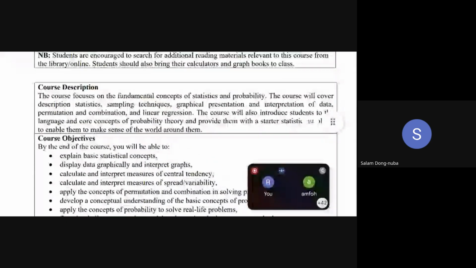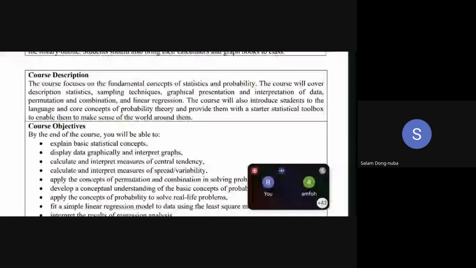Now, for the course you're taking, what are you expecting to get out of it? This course will focus on techniques, graphical representation and interpretation of data.